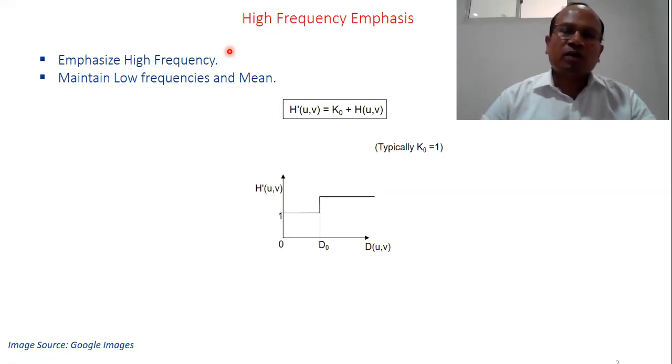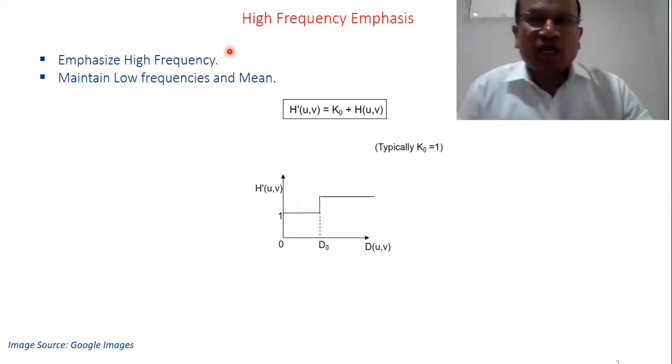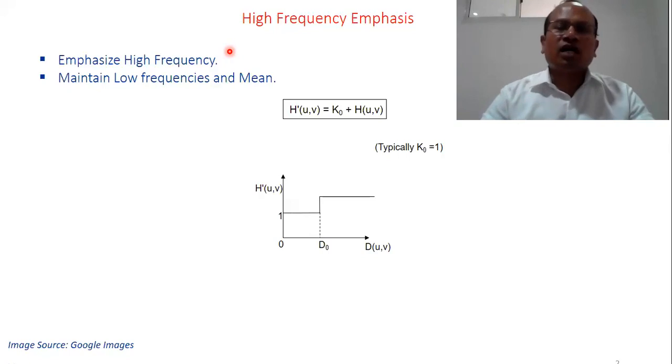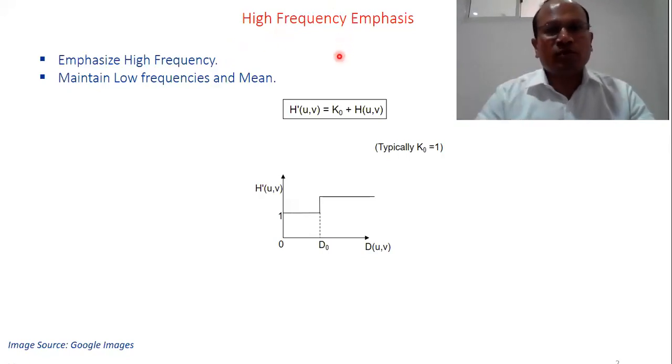In low pass, low frequency will be passed, high will be attenuated. In high pass filter, high frequency signals will be passed and low frequency signals will be attenuated.